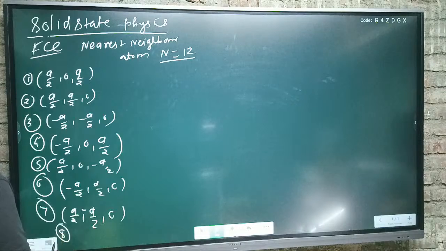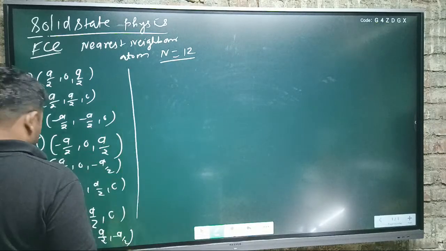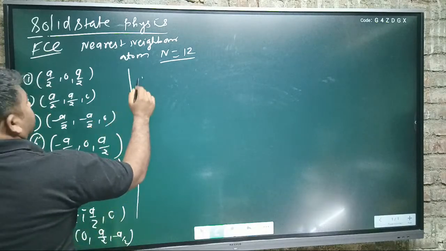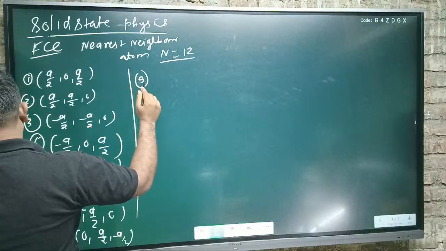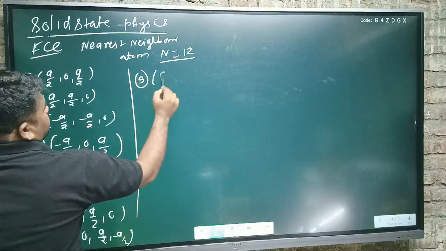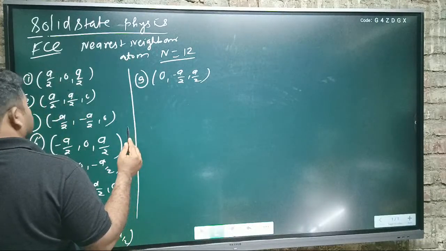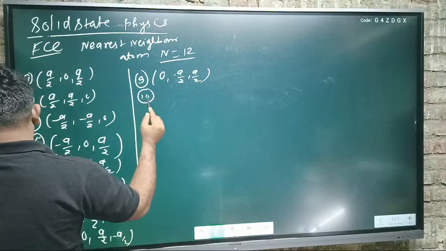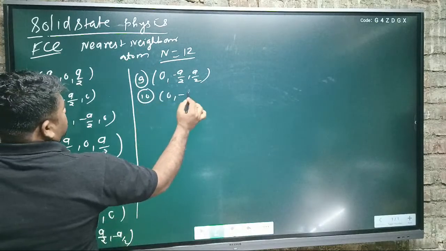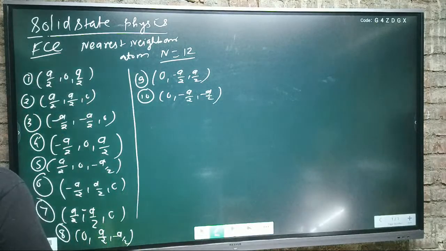Next, 8: 0, comma a by 2, comma minus a by 2. 9: 0, comma minus a by 2, comma plus a by 2. Next, 10: 0, comma minus a by 2, comma minus a by 2. Okay, what is the remaining one? 11, 12.